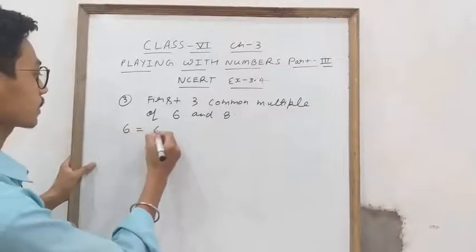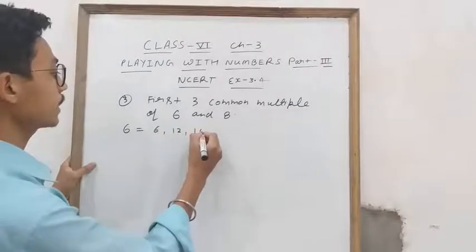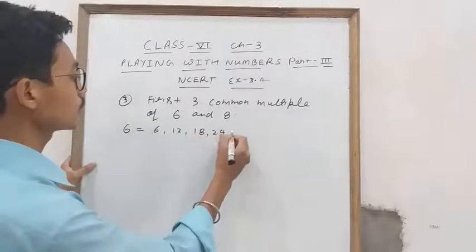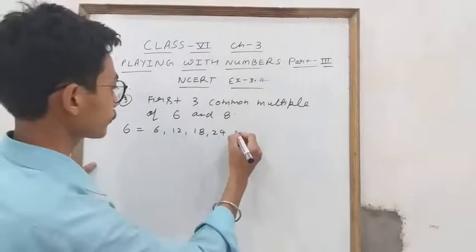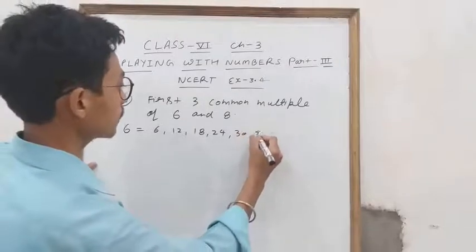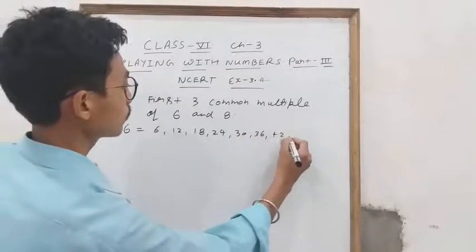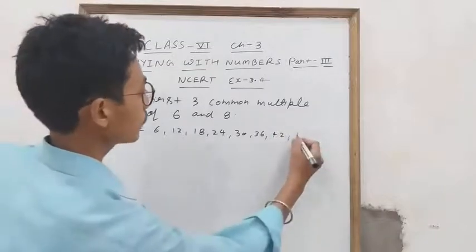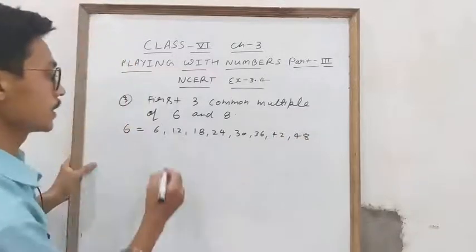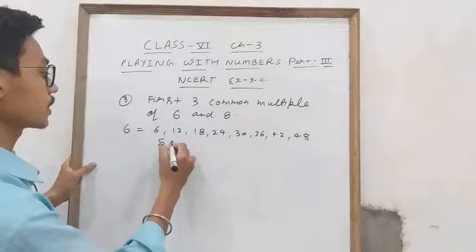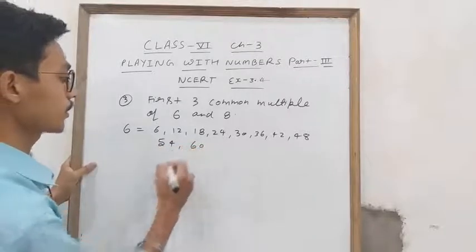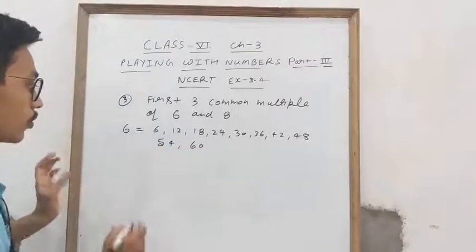6 1s are 6, 6 2s are 12, 6 3s are 18, 6 4s are 24, 6 5s are 30, 6 6s are 36, 6 7s are 42 and 6 8s are 48, then 6 9s are 54, 6 10s are 60. Now I am going to write down 8.